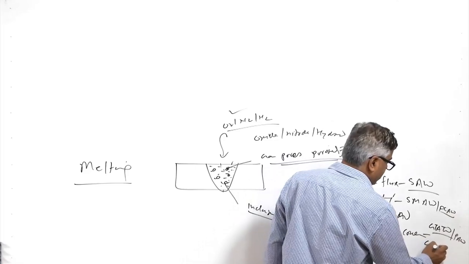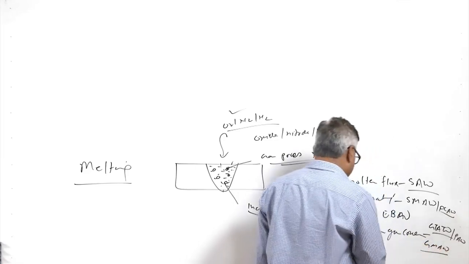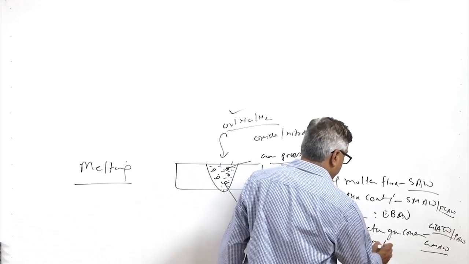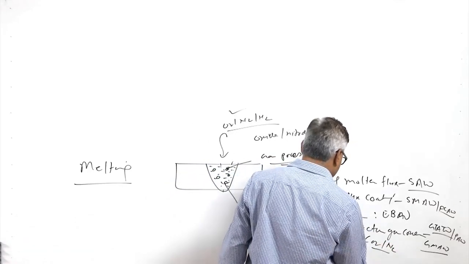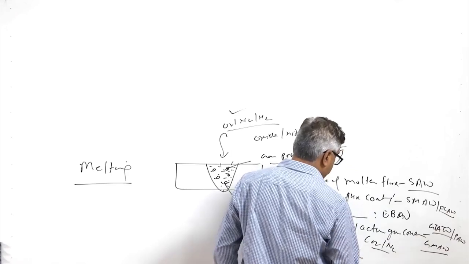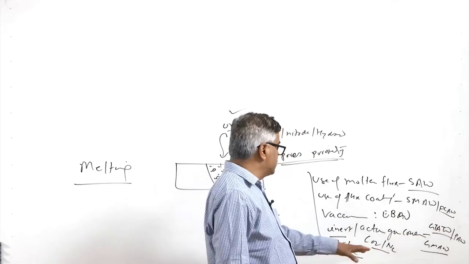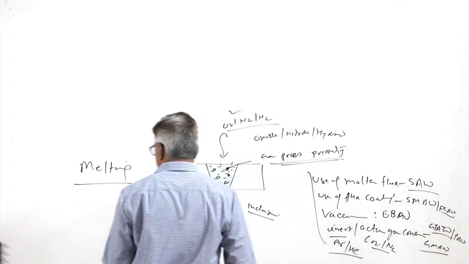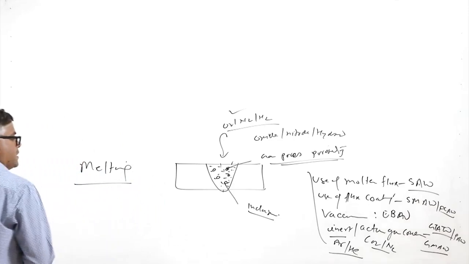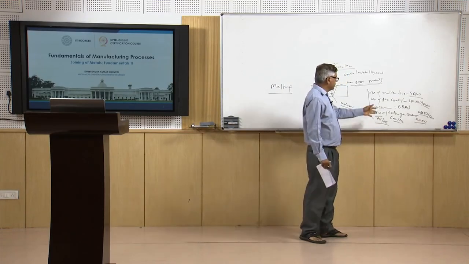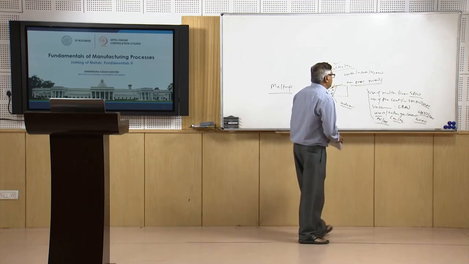Then gas metal arc welding uses both inert gases or active gases like maybe CO2 or nitrogen can be used, or here inert gases like argon and helium are normally used. For high quality welds, helium is preferred, while for commercial quality weld joints argon is normally used, because argon is cheaper and cost effective as compared to helium.